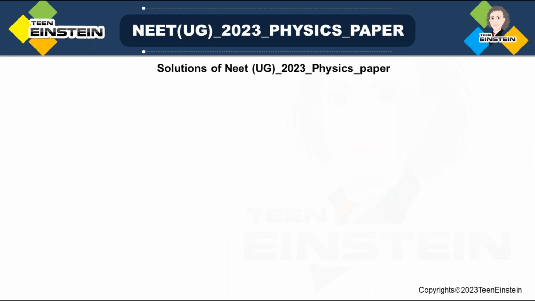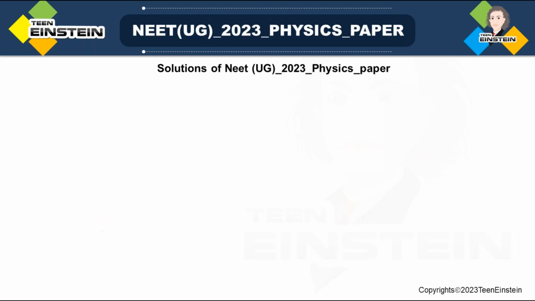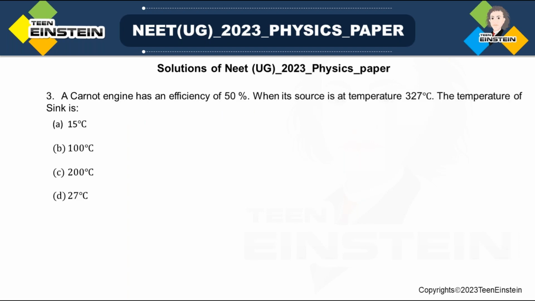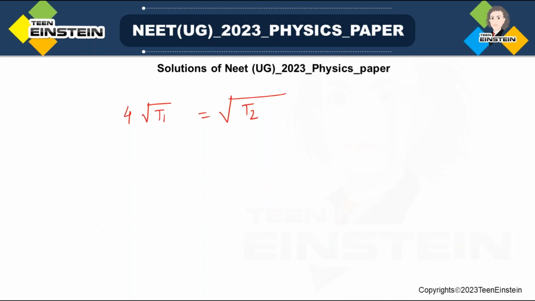Now if we write here, this is 4 root T1, so root T2 by T1 is 4. So T2 is equal to this. What is T2 then? Let us take the square of both sides.